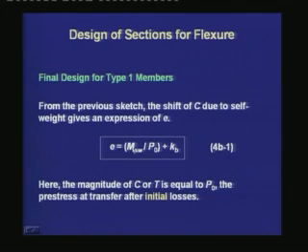We have already calculated MSW for the selected section. P0 we now need to estimate from the previous values of Ap, and kb is also known for the trial section. Here, the magnitude of C or T is equal to P0, the prestress at transfer after initial losses. That means the compression or tension is equal to the prestressing force at transfer after the initial losses.